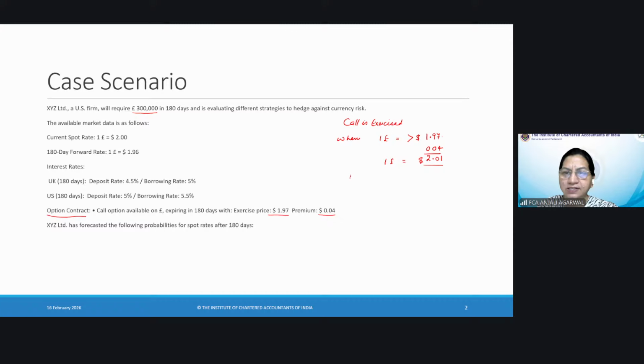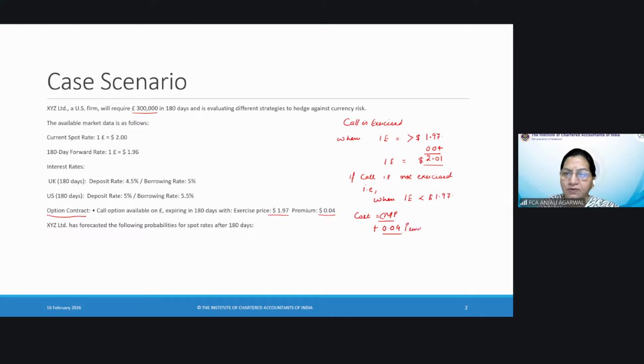If the call is not exercised, that is when the price of 1 pound in the market is less than $1.97, in that case the cost of 1 pound will be the current market price plus the 0.04 premium.